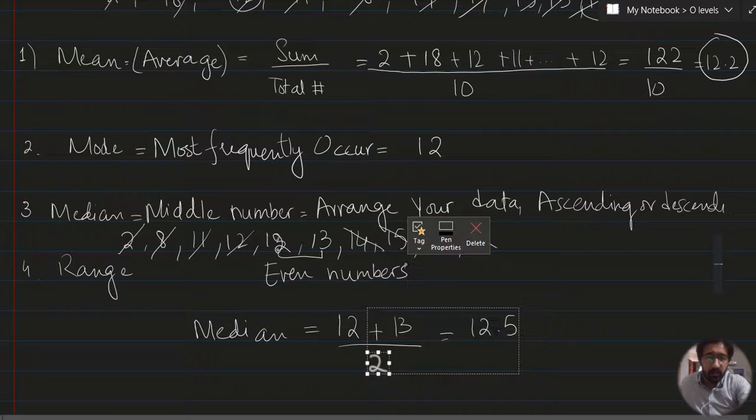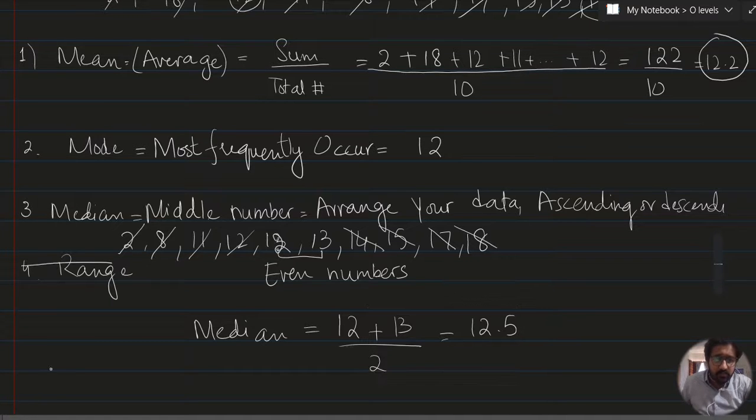And what about the range then? Range is actually the maximum value minus the minimum value. What is the maximum value in the question?